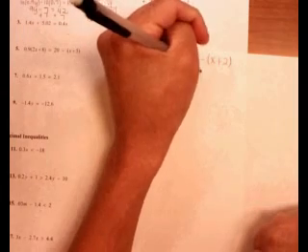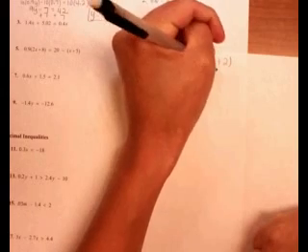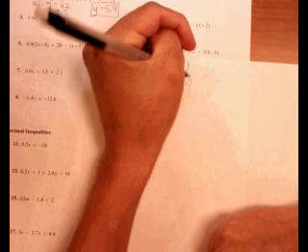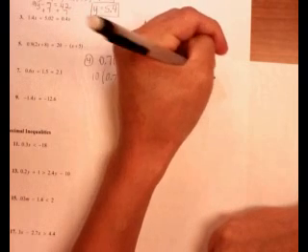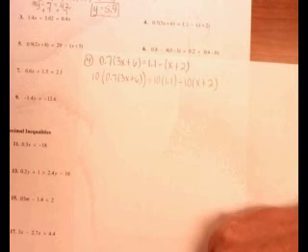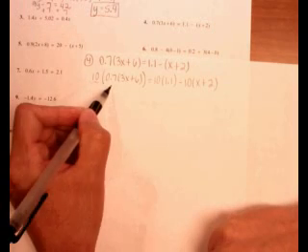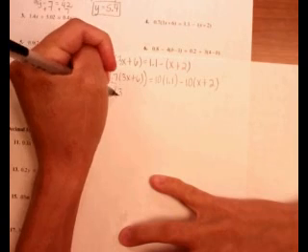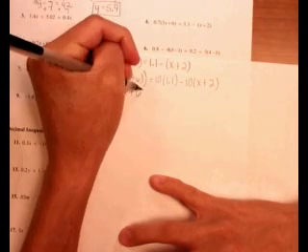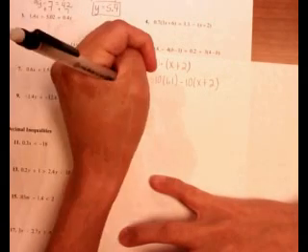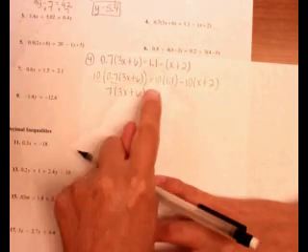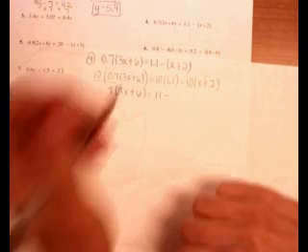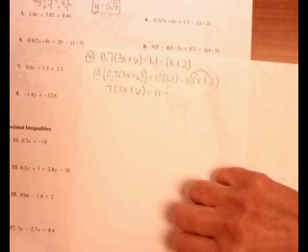Then we have 10 times 1.1 minus 10 times x plus 2. Again, you want to multiply this 10 times the 0.7. That gives you 7 times 3x plus 6 equals 11, 10 times 1.1, minus, and now we're going to distribute the 10 to each.